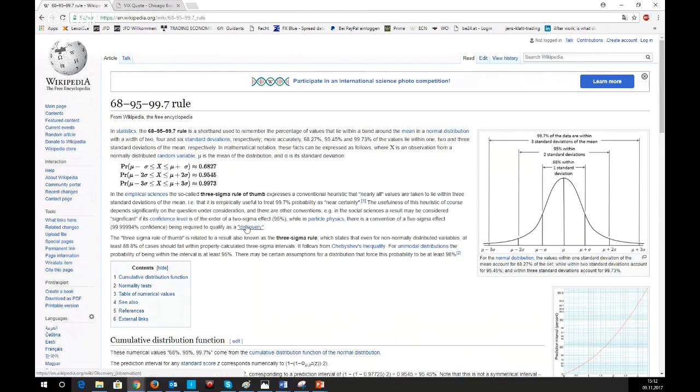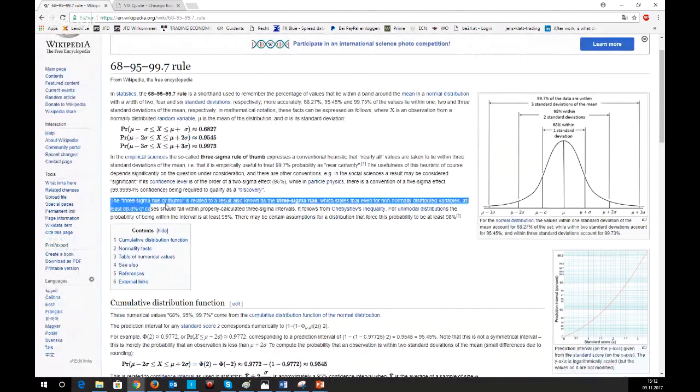That comes into play here, known as the so-called 3 sigma rule of thumb. This is related to a result known as the 3 sigma rule, which states that even for non-normally distributed variables, at least 88.8% of cases should fall within properly calculated 3 sigma intervals. It follows from Chebyshev's inequality, and so on.